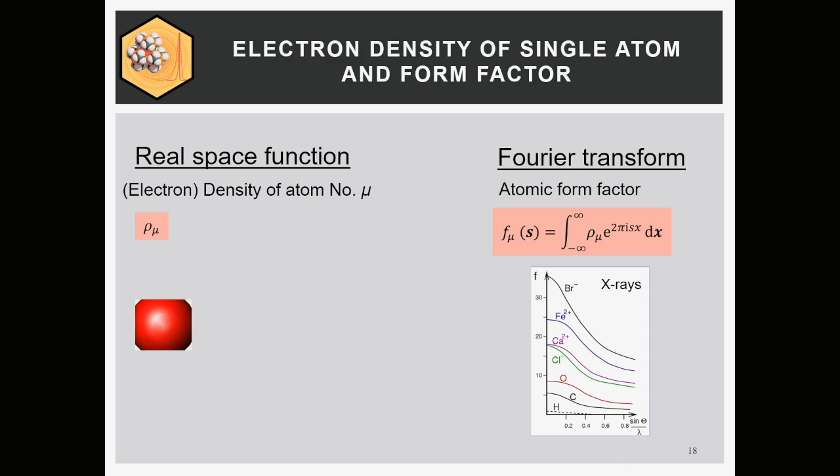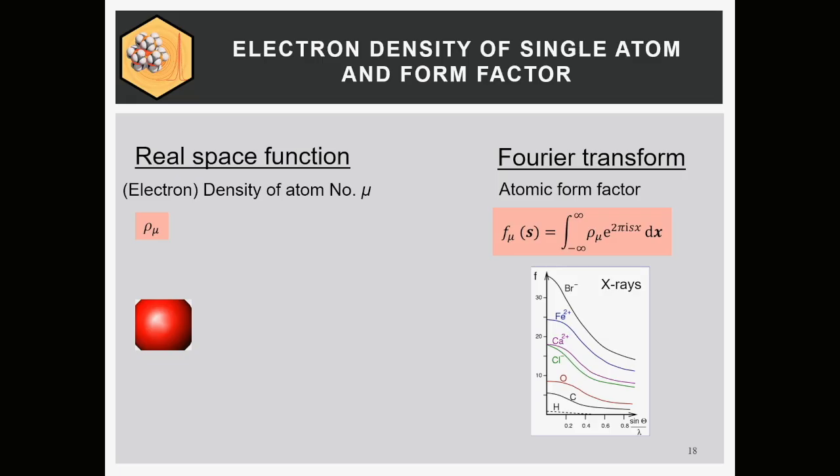And the nice thing is they're normalized, so in the direct direction, if there's no diffraction, just a direct beam, the scattering power, because all the electrons are in phase, is normalized to the number of electrons. So with some confidence, we have maybe a chance to say, oh, this is probably carbon and this is probably lead.